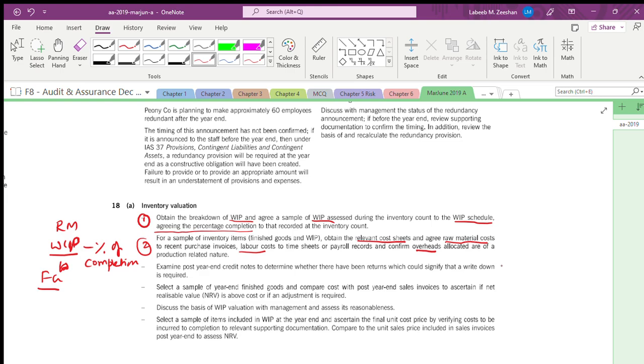When we say the percentage of completion, we have to make sure how much is the raw material cost, how much is the labor cost, and how much is the overheads. Is it right?